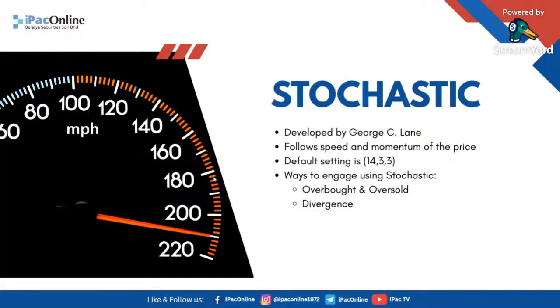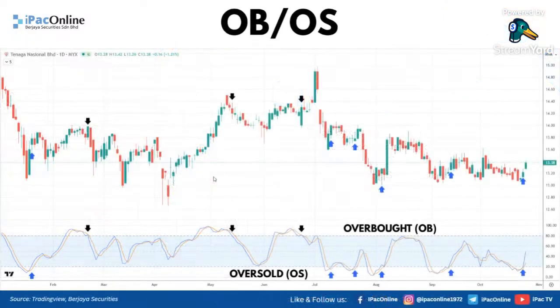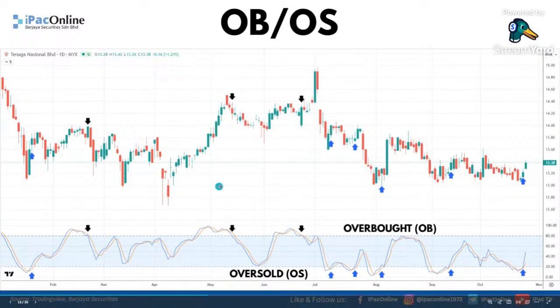The way I'm going to use stochastics is by focusing on divergence and also oversold and overbought. Let's go through what overbought, oversold and divergence are, for those who have never tried the stochastic before.